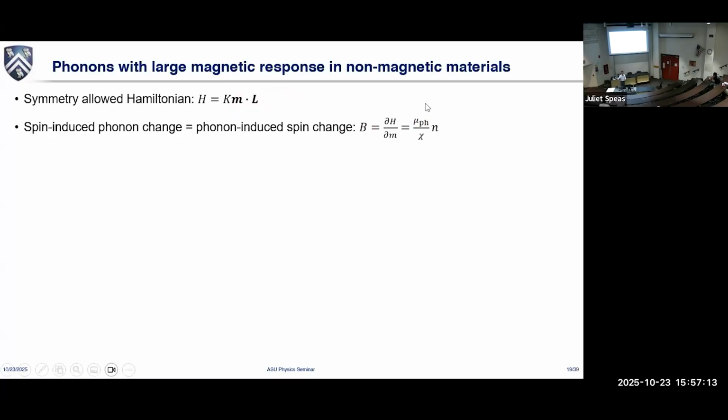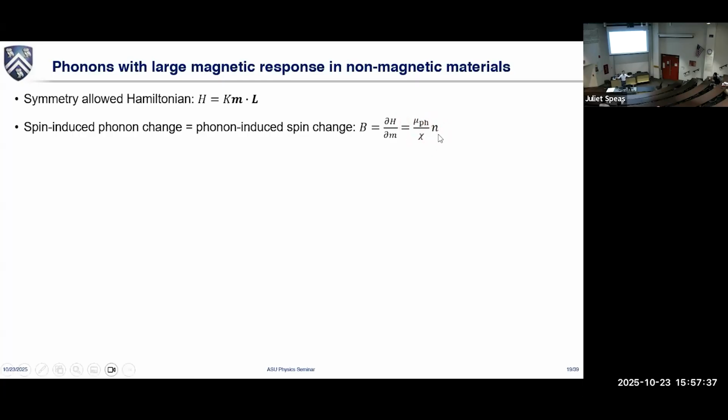That is to say, if we have a phonon that responds to magnetic field, then the same phonon can generate a very big magnetic field, because the quantum coupling is basically reciprocal, right?